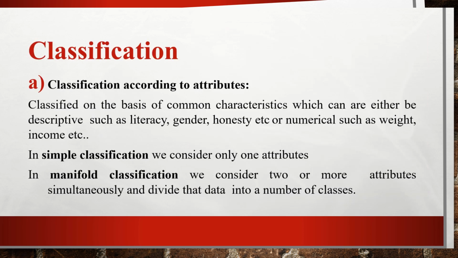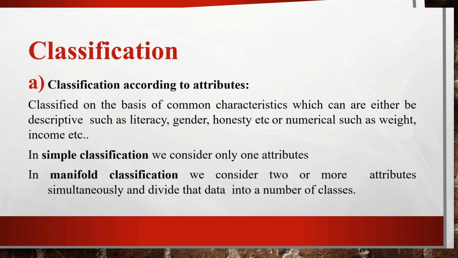Speaking about qualitative classification, or classification on the basis of attributes, it is based on some characteristics such as literacy, gender, honesty, etc. This classification can be done in two ways, that is simple classification or manifold classification. If only one type of data or one attribute is selected, it is simple classification.